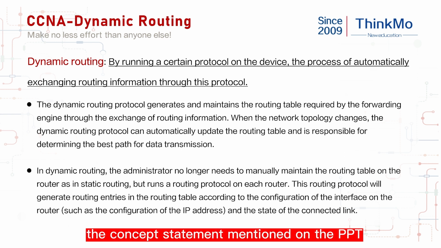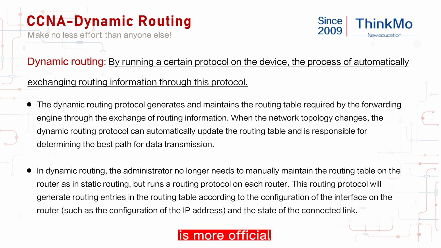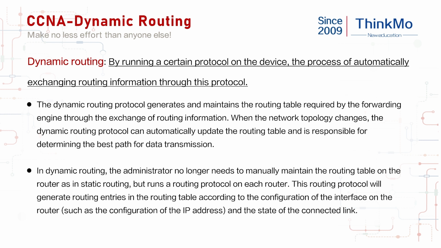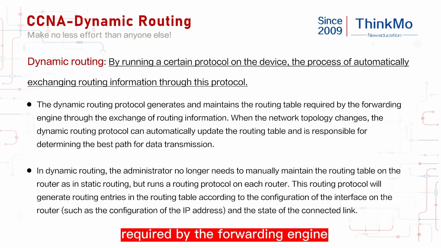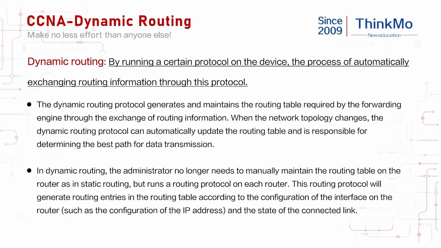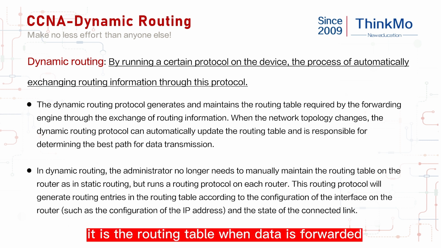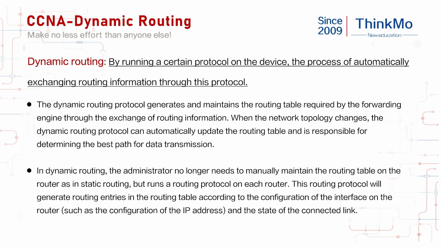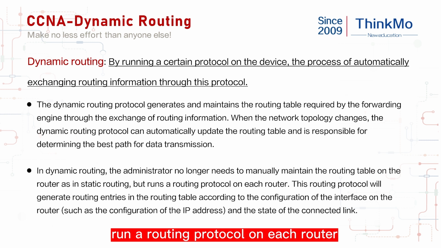The concept statement on the PPT is more official: the routing table is generated by interactive routing information and maintains the routing table required by the forwarding engine, which is the routing table used when data is forwarded. Admins don't need to maintain it manually like static routes. Run a routing protocol on each router.